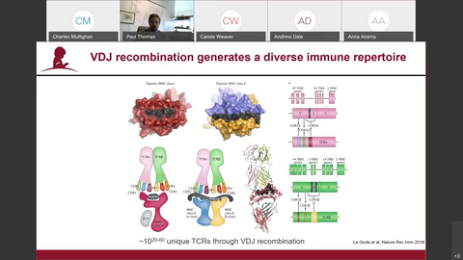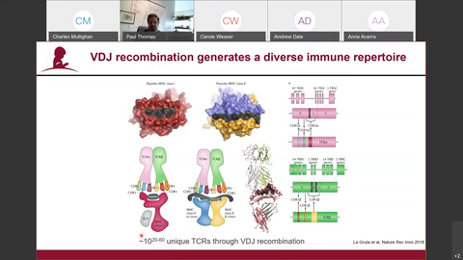On the low end, the estimate is around 10 to the 20, which is about 8 to 9 orders of magnitude greater than the total number of T cells that you'll generate in your entire lifetime. And a more recent, more accurate count is closer to 10 to the 60th potential T cell receptors.